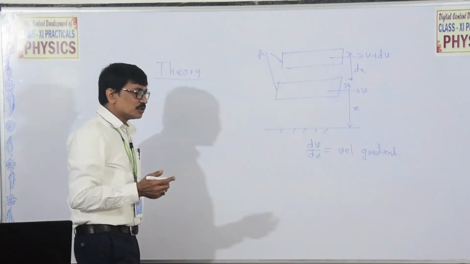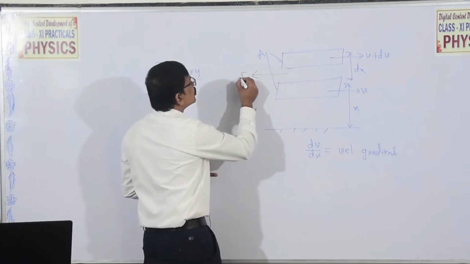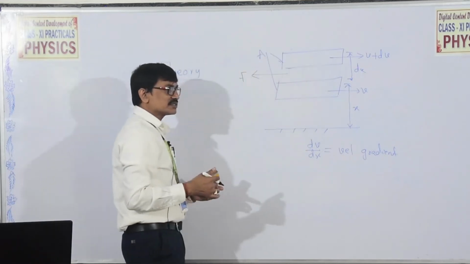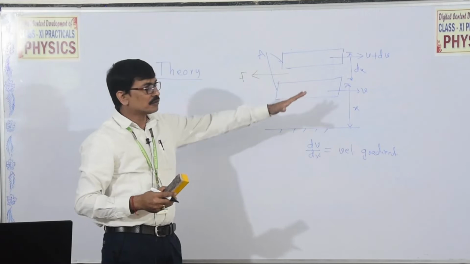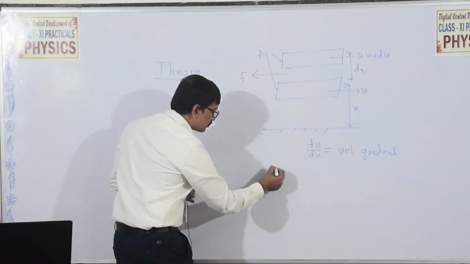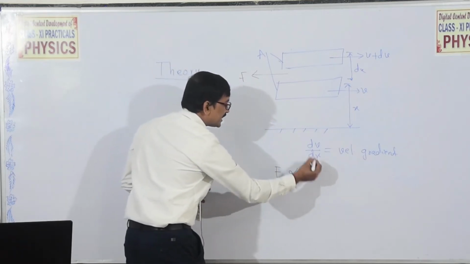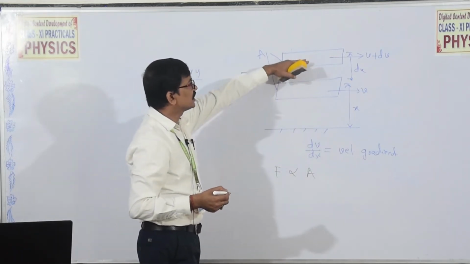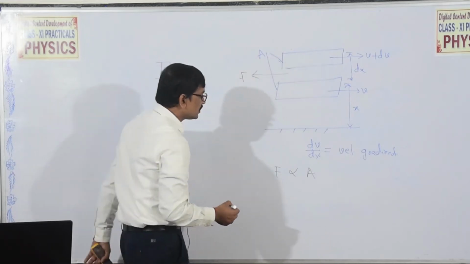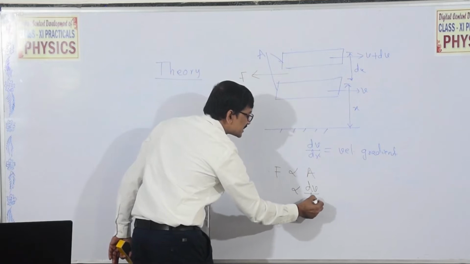According to Newton, there will exist a viscous force between the two liquid layers, which is opposite to the motion of the liquid. Therefore, according to Newton, that viscous force F is directly proportional to the area A of the layer of the liquid, and directly proportional to dv divided by dx.